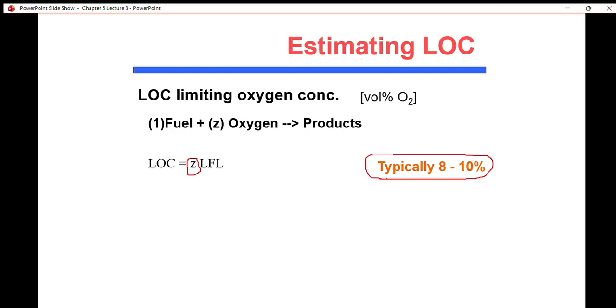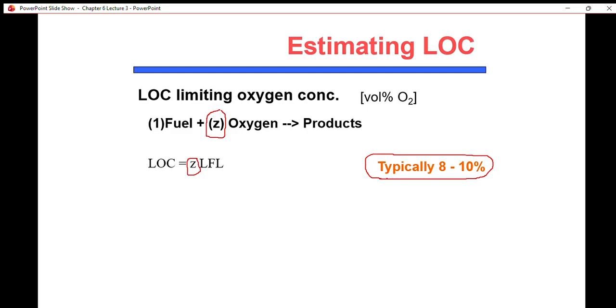You can use this value as a guideline, but normally it's better to do the calculation, because you calculate Z from the balance of the equation, or from the equation that we have learned, where Z equals M plus 1 over 4 X, where X is the number of hydrogen atoms in the fuel, M is the number of carbon atoms in the fuel, and Y is the number of oxygen atoms in the fuel.